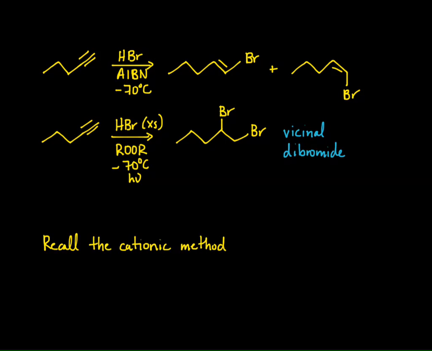So I just want to remind you of the cationic method of forming dibromides, right? Or the typical addition reaction of alkynes that we've already seen, where you take 1-pentyne and you react it with an excess amount of HBr, and of course there are no peroxides, so hopefully you have purified your solvents, whatnot.